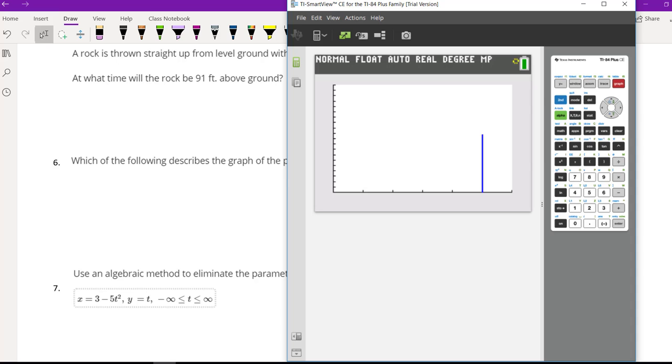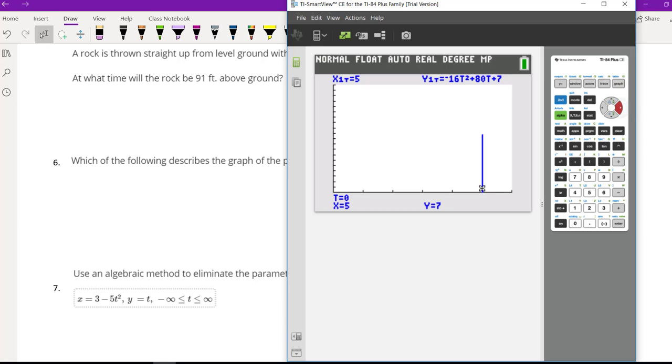So now I'm just going to trace the graph, and I want to know when the y value is at 91 feet. So I hit trace, and you can see at the bottom of the screen at t equals 0, x is always going to be 5, so you don't have to look at that. And the rocket started 7 feet above the ground.